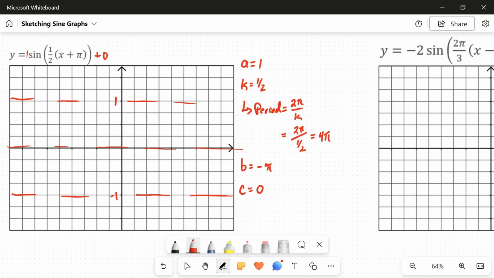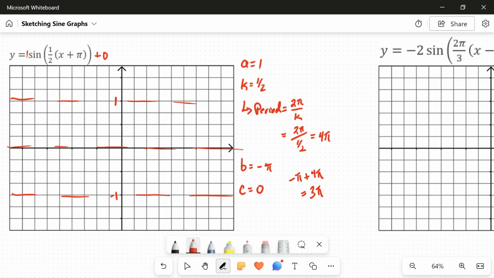The graph has to start at negative pi and travel a distance of 4 pi. So negative pi plus 4 pi is 3 pi. It's going to start at negative pi and end at 3 pi.